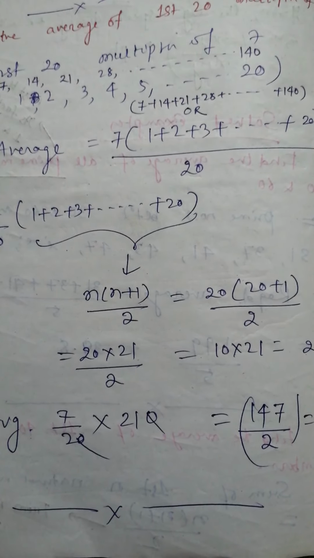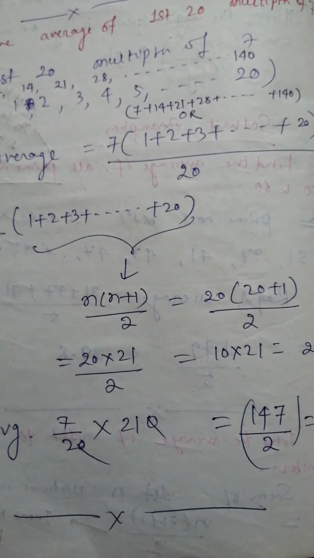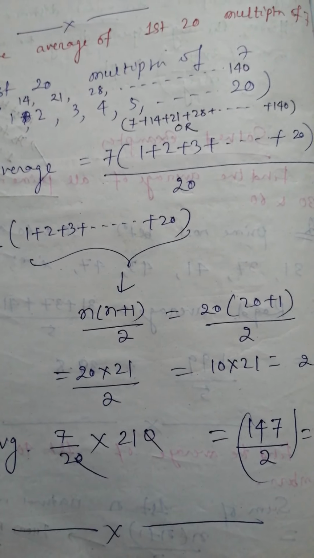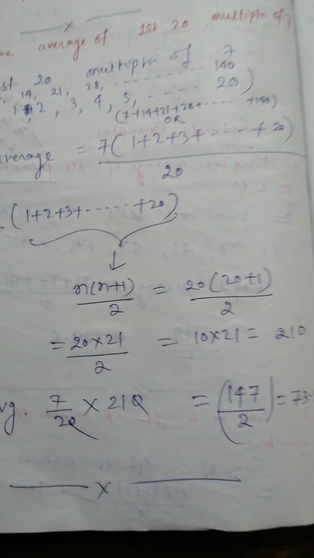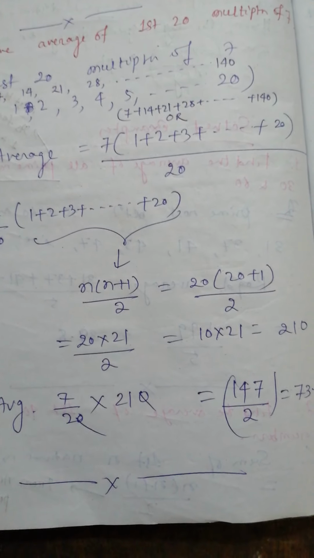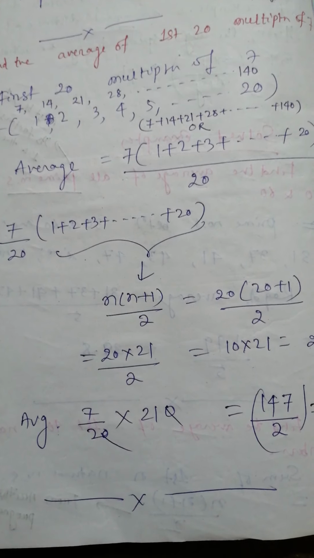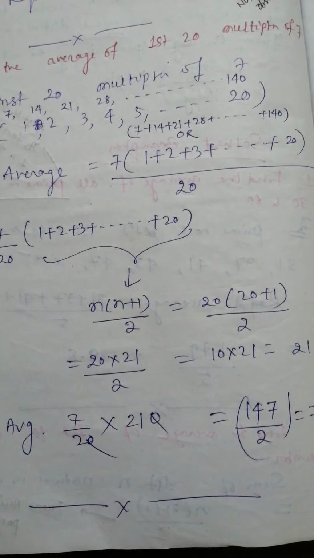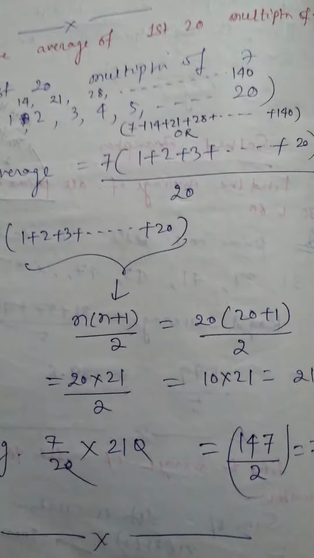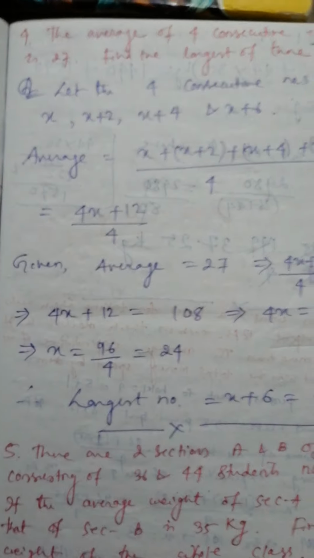Fine. So in place of n we write 20, so 20 into 20 plus 1 divided by 2, and this gives us 210 as the answer. So average equals 7 by 20 into 210 equals 73.5. Fine.